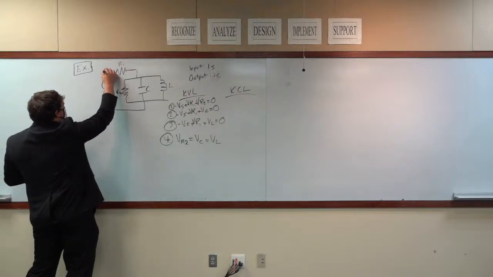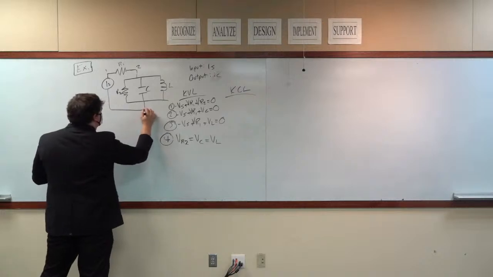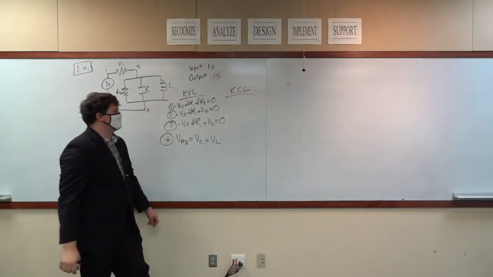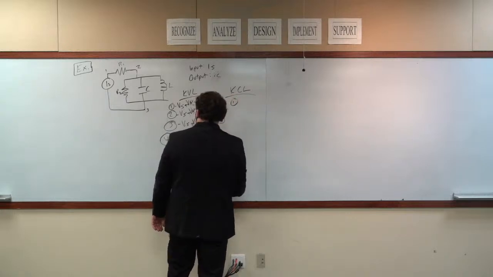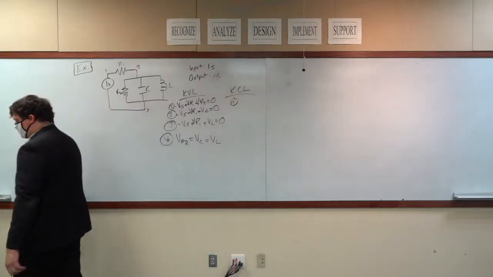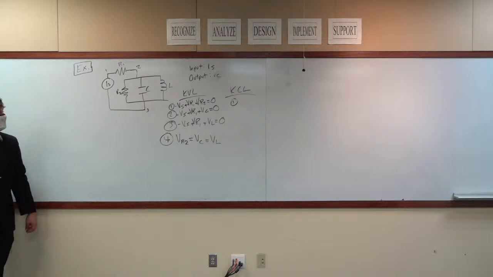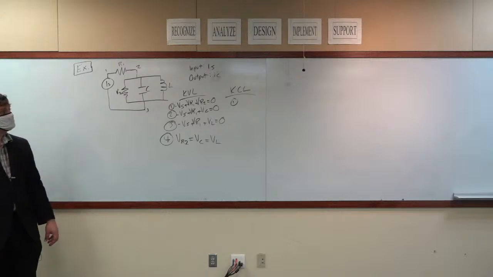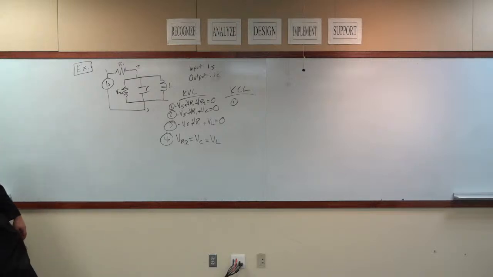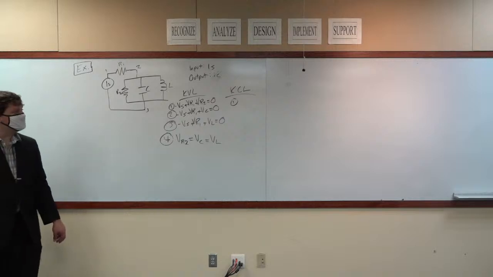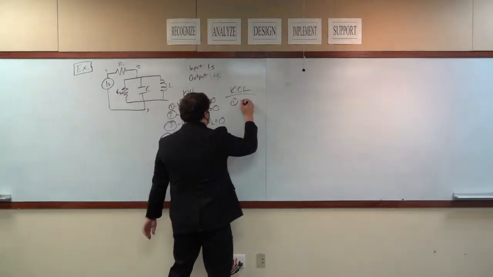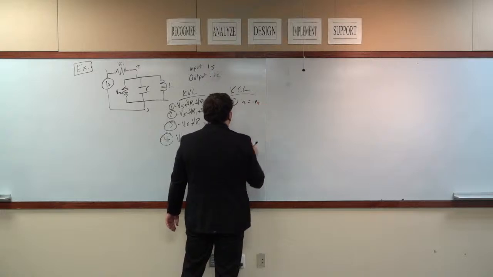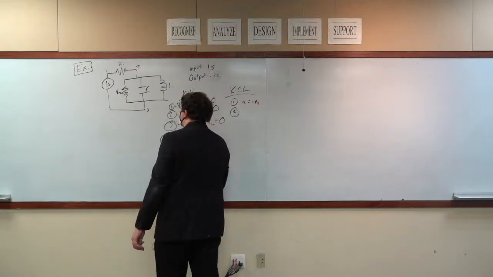Let's go ahead and label our nodes: 1, 2, and 3. We will have 3 equations from KCL. Equation 1: IS equals IR1. What about equation 2?